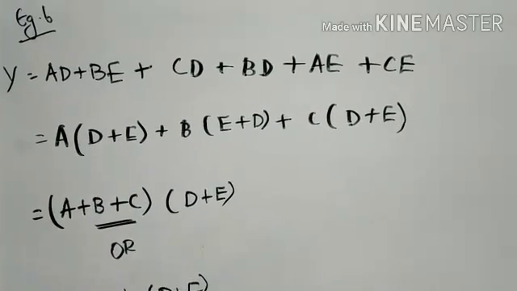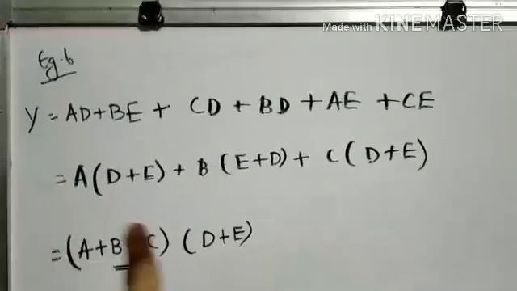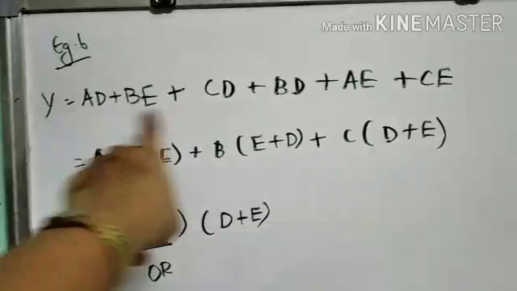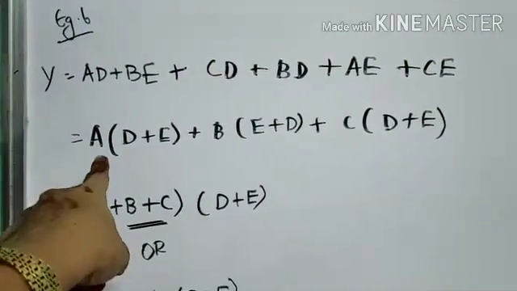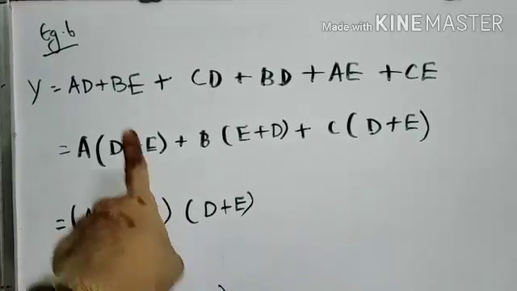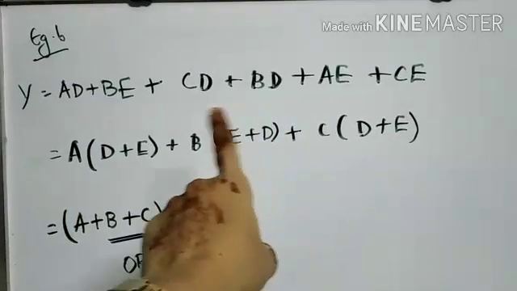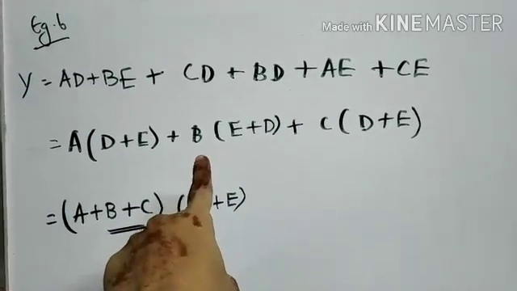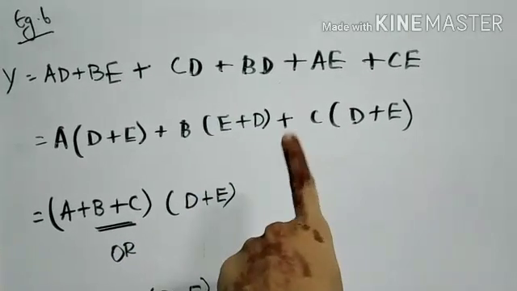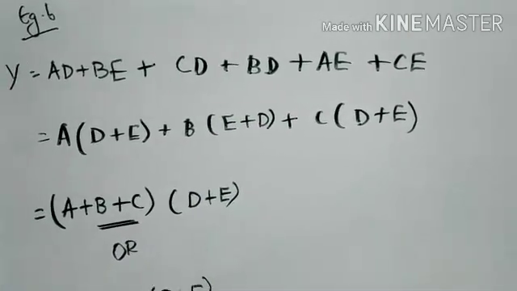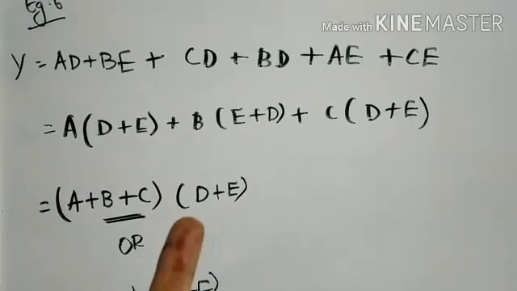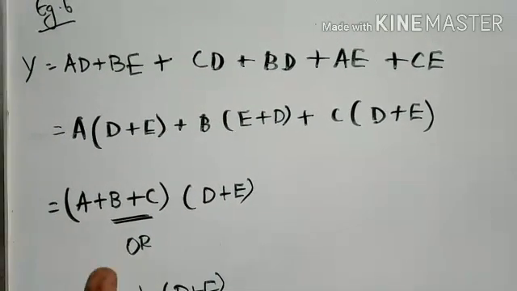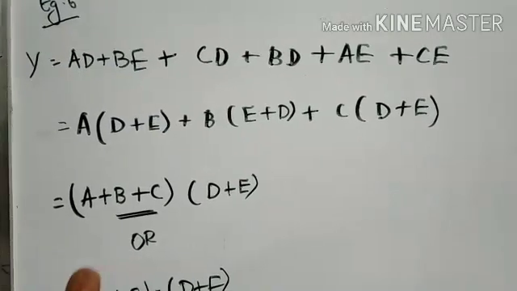So I am taking A common outside. There were two A terms, AD, AE, right? So I have taken out A. So A into D plus E. Then BE and BD is there. So I have taken B common outside. So B into E plus D, plus C into D plus E, right? So I have taken D plus E as common, then A plus B plus C. See, now listen carefully.